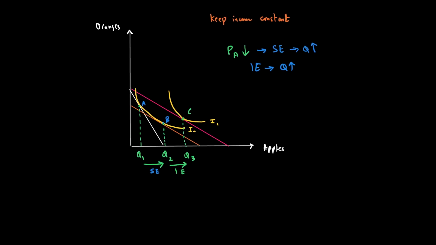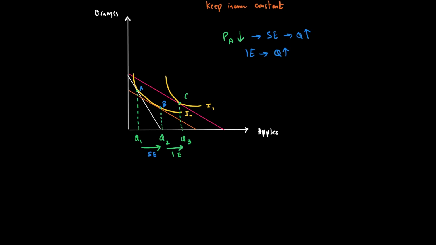How do we use this knowledge to make a demand curve? So lower down, let's say if I want to make the demand curve for apples, this is how it will look like. On my y-axis, I have price of apples. Let me write this, price of apples, and on my x-axis, I have quantity of apples.